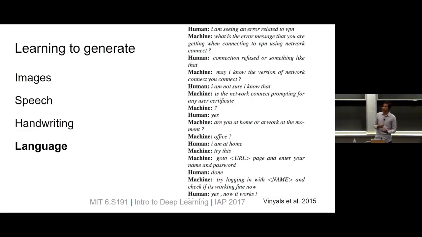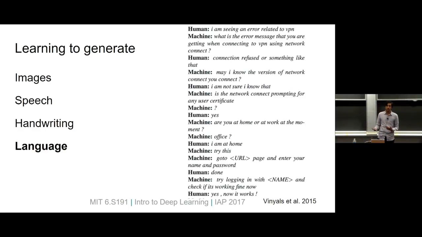Where you'll have a human say something, like give a sequence of text, and then you'll ask the machine to produce whatever a reasonable response to that sequence of text might be. And you train this model on a big corpus of, I think in this case it is tech support chat logs. And as you can see, the machine actually ends up doing a reasonably good job of emulating a tech support agent.